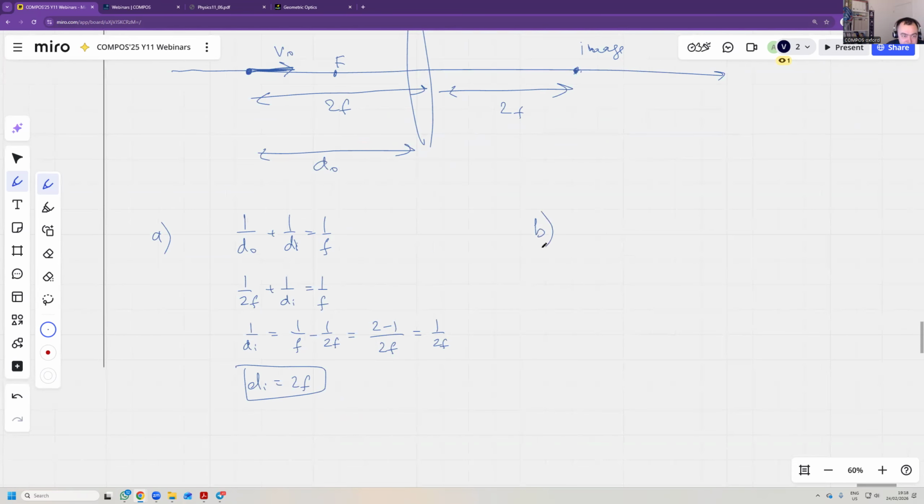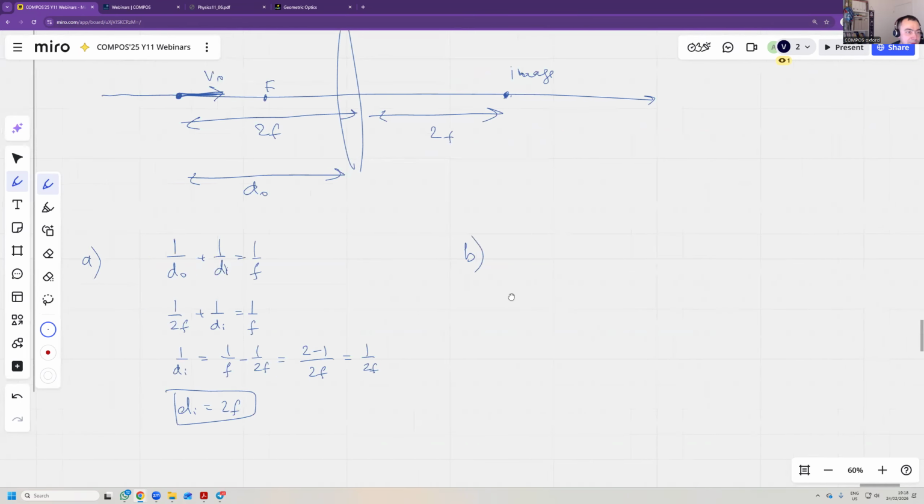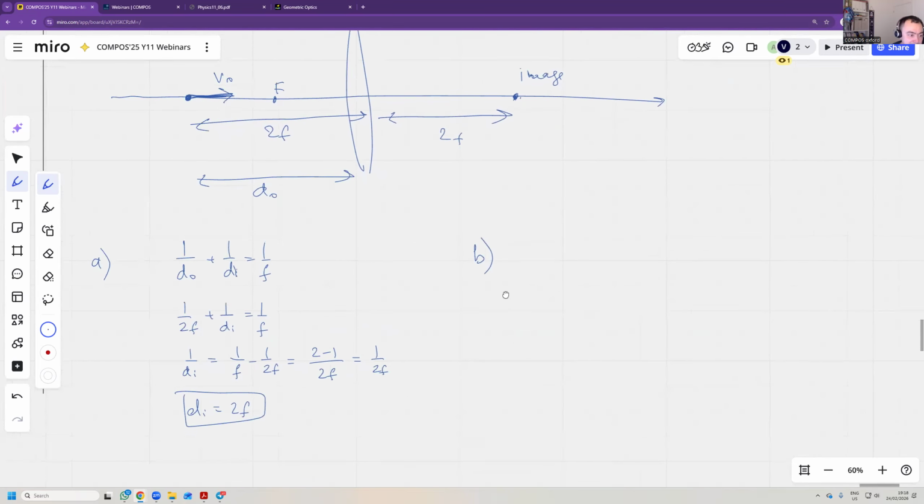Now, part B. We are going to find the velocity of the image.